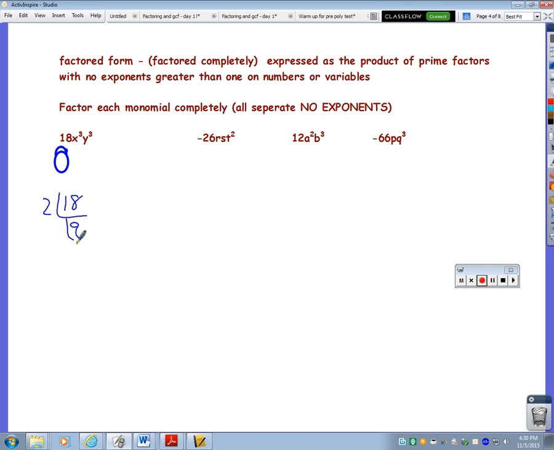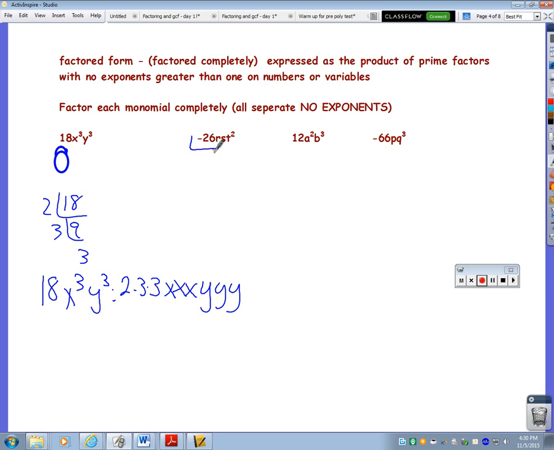2, 9, 3, and 3. So prime factoring 18x cubed y cubed is going to be 2 times 3 times 3 times x, x, x, y, y, y.